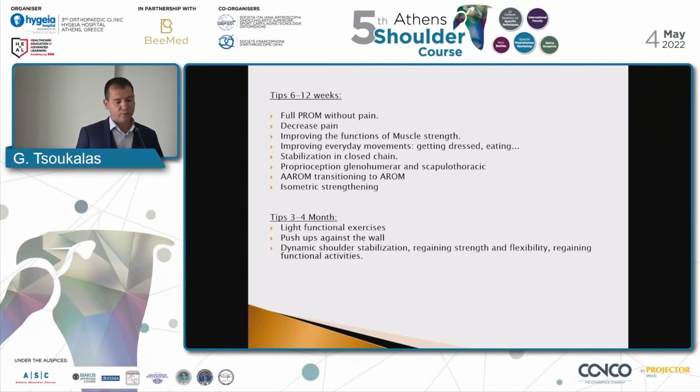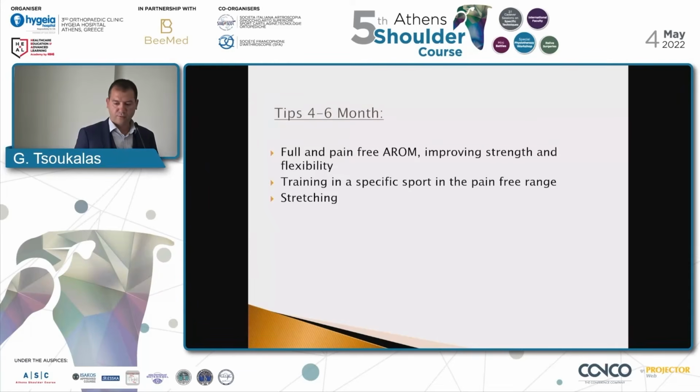And then we can go from 6 to 12 weeks, where the target is full passive range of motion without pain, decreased pain, improving the function of muscle strength from active assisted range of motion to active range of motion, and isometric strengthening until the 4 to 6 month, when we have full and pain-free active range of motion, improving strength and flexibility.